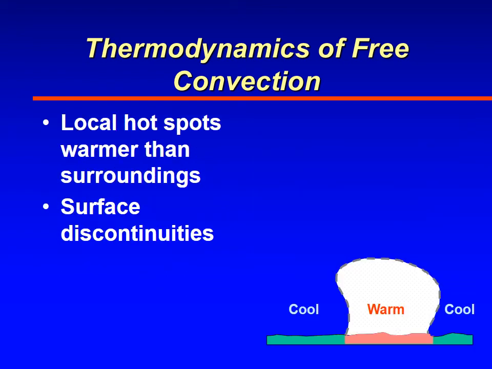And as a result, you get parcels that are a little bit warmer than the surroundings. Perhaps there are surface discontinuities where the surface is warmer in certain locations than the others. A good example of that is a black parking lot will heat up a lot more than a grassy area. So you start to get warmer air over those locations and little bubbles of air that start to rise.